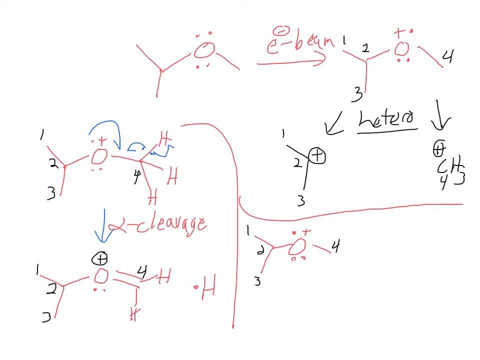Draw it again. Draw those electrons in there. We know we want to form the pi bond between carbon 2 and the oxygen. And whatever's beta is getting that radical, that one electron.